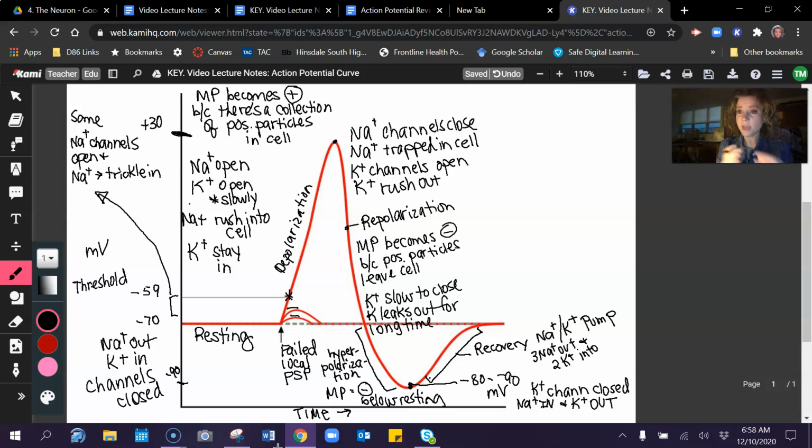So again, we have a little bit of an imbalance here, right? The sodium potassium pump is causing more positive particles to leave the cell than it is bringing in, because the pump works simultaneously, right?